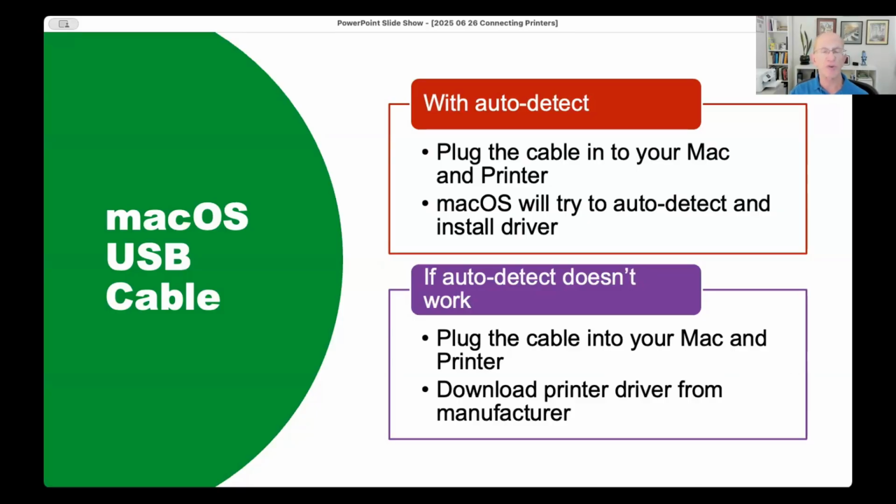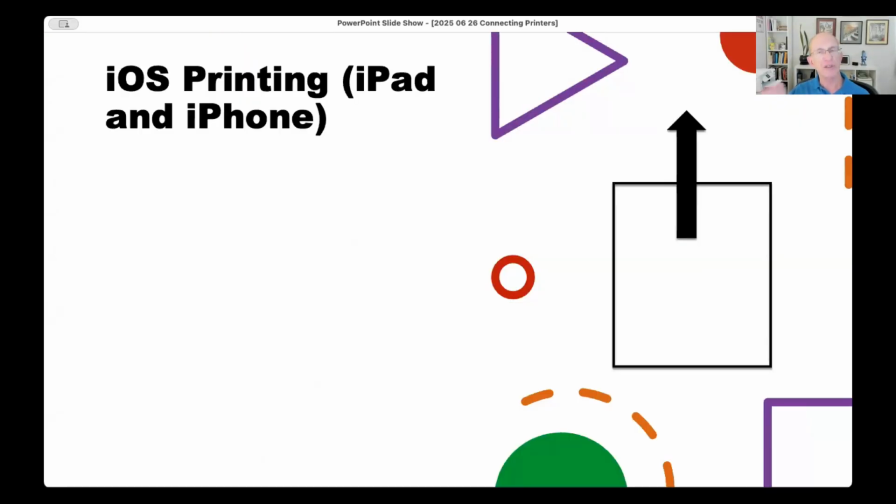But if there's no printer driver available from, say, HP or Epson or Brother or Canon, and your printer doesn't get auto recognized by your Mac, you're going to have trouble using that printer. And lots of times, the simplest solution is to buy a new printer and save yourself hours of grief and technical support problems.